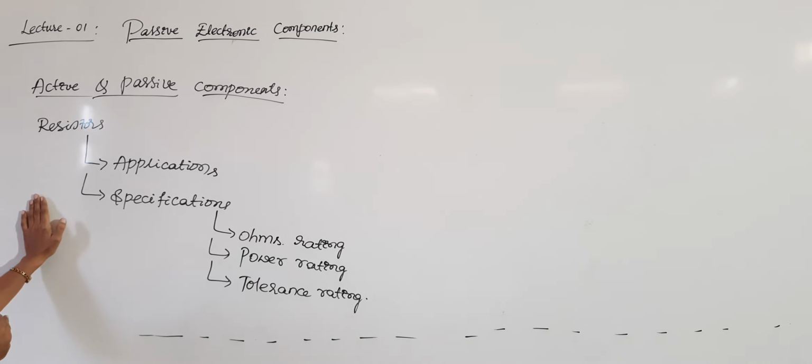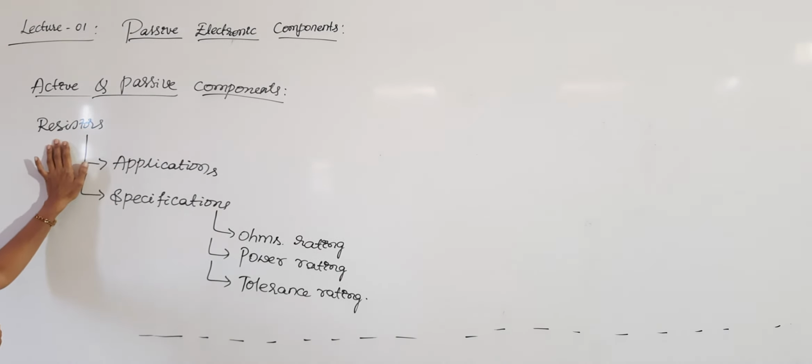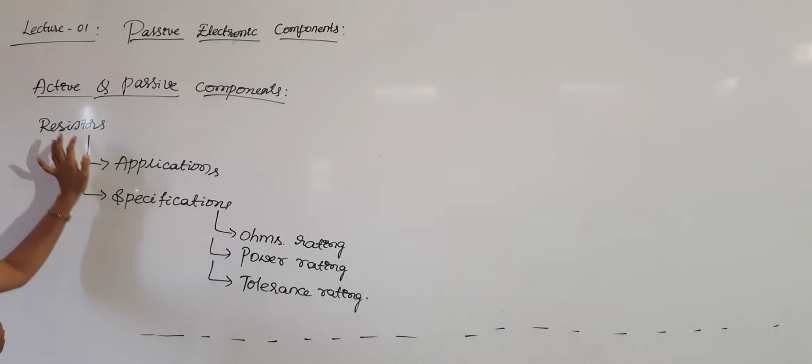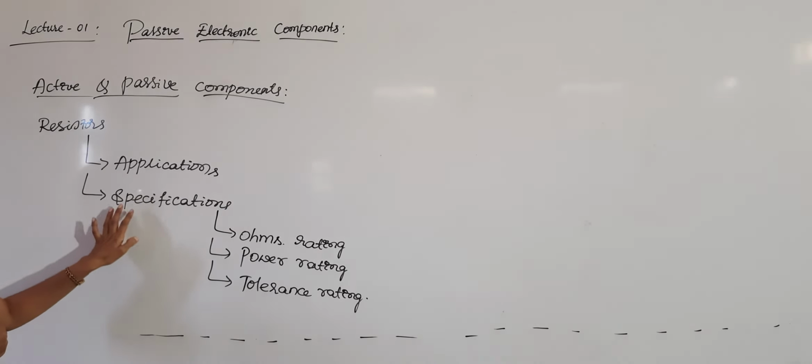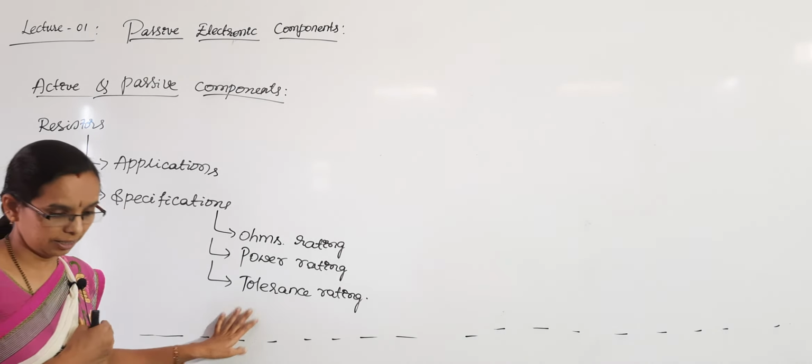In this chapter we are going to study active and passive components. In passive components, first resistors: what a resistor is, applications of resistors, and specifications of resistors, that is ohms rating, power rating and tolerance rating.